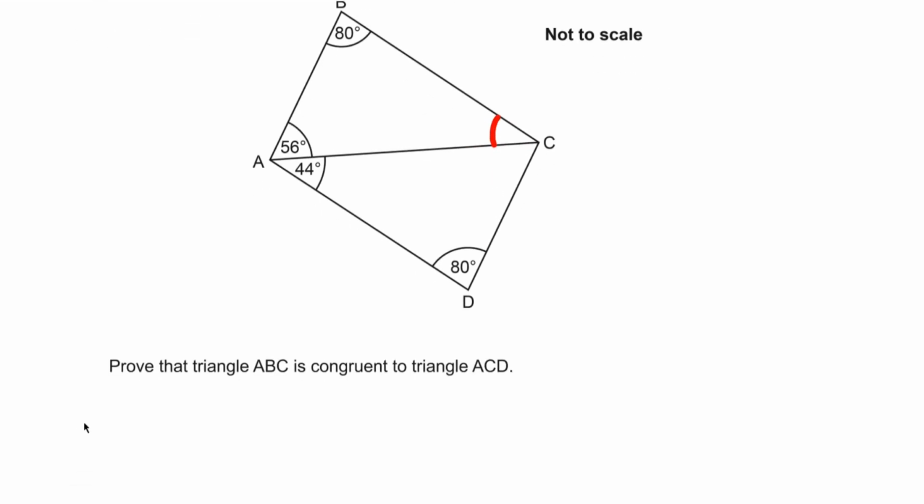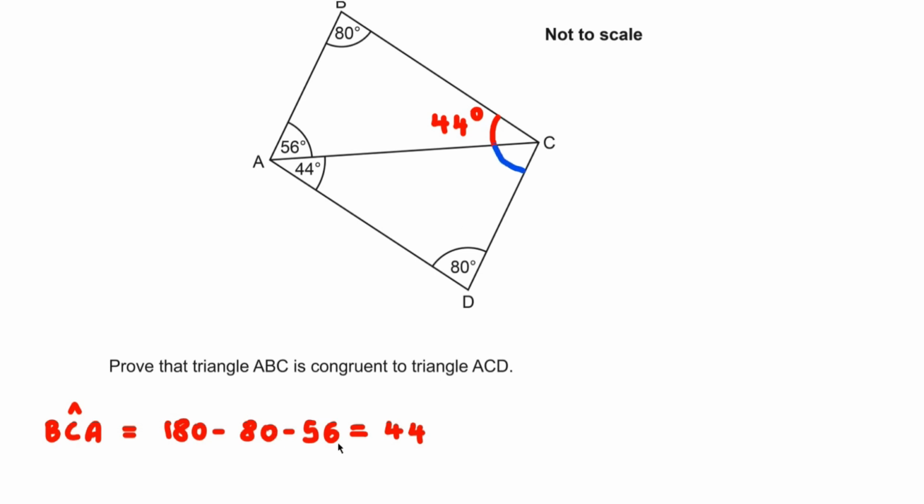So the angle BCA, that's equal to 180, subtract the 80 degrees, subtract the 56 degrees, which is 44. So this angle is 44 degrees.